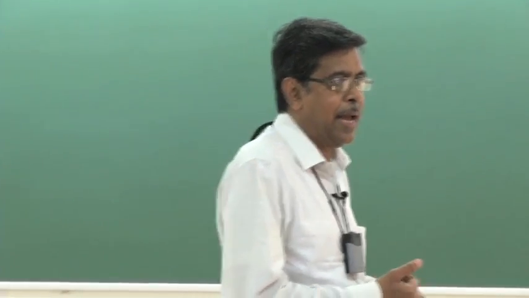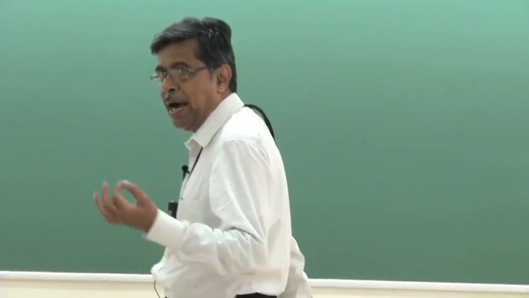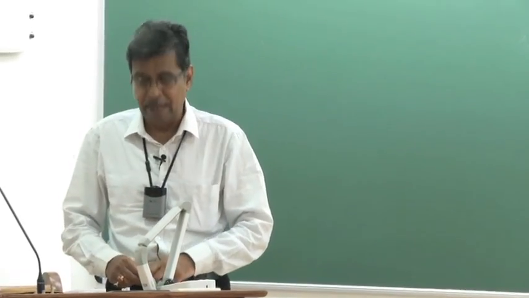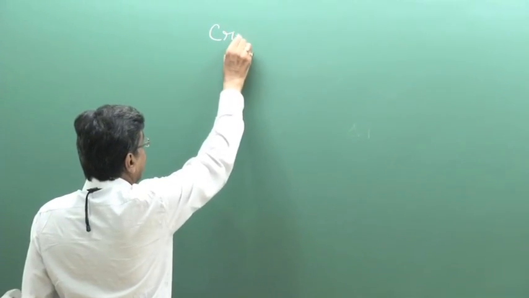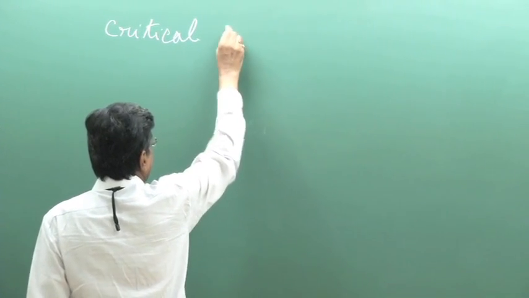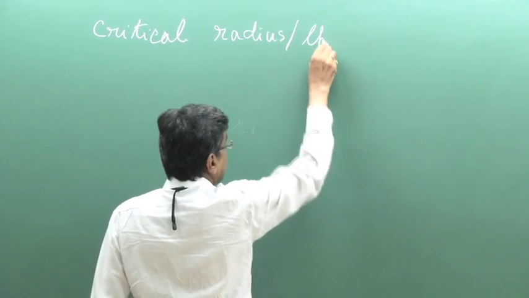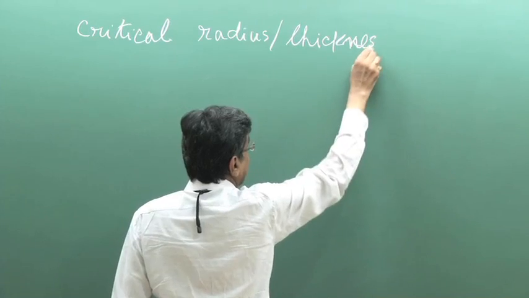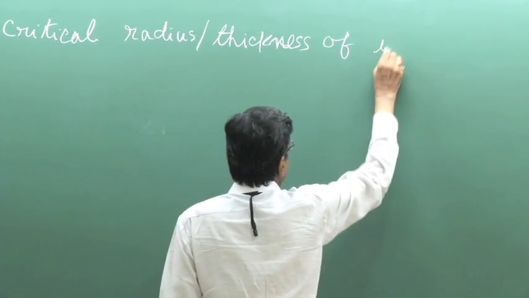Now today, as a corollary of that, we will discuss an aspect which I probably told you about in the last class: the critical radius or thickness of insulation.